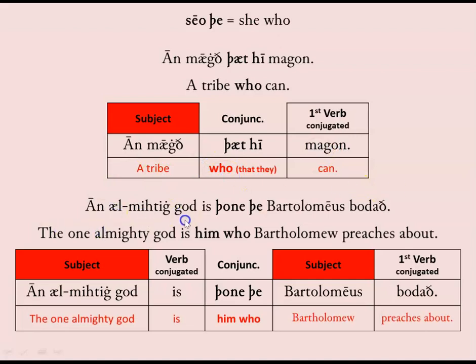An almihtig God is thone the Bartholomeus bodath. Now, the one Almighty God is him who Bartholomew preaches about. This is writing in the Old English version of the Bible. The one Almighty God is him who, the relative pronoun, him who Bartholomew preaches about.